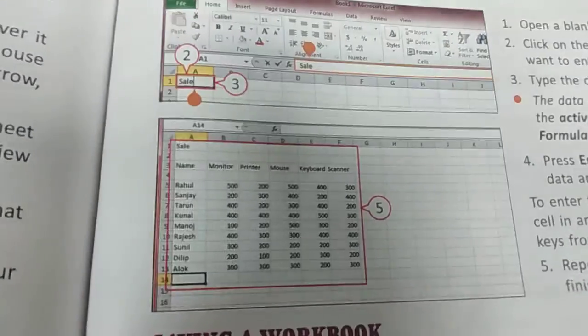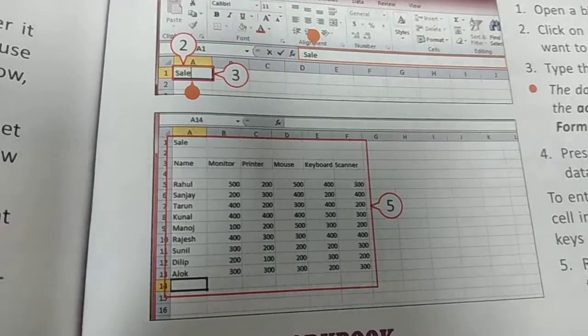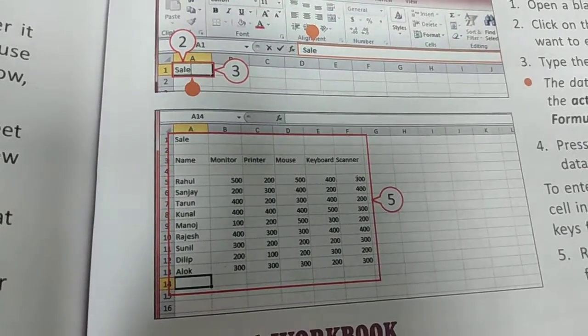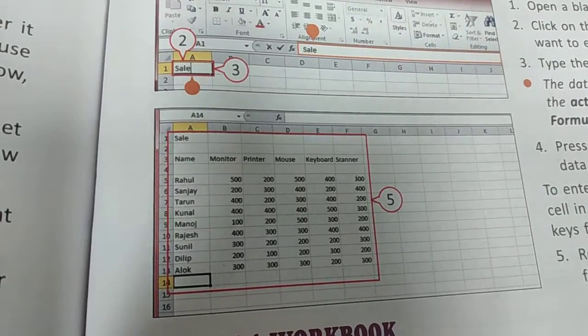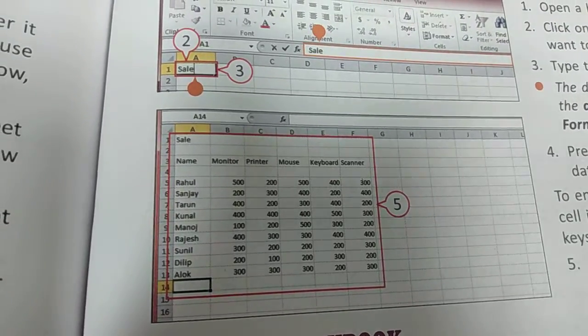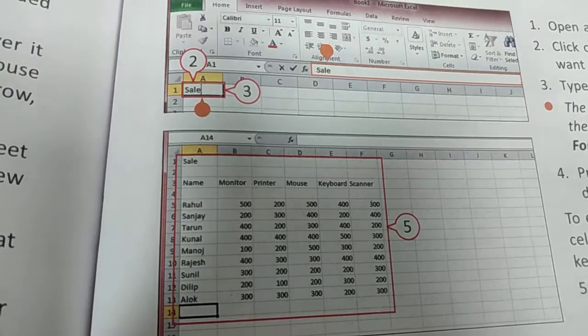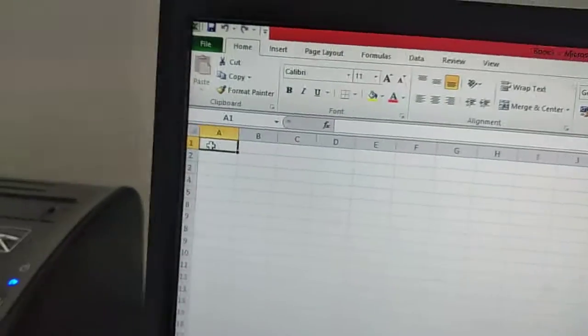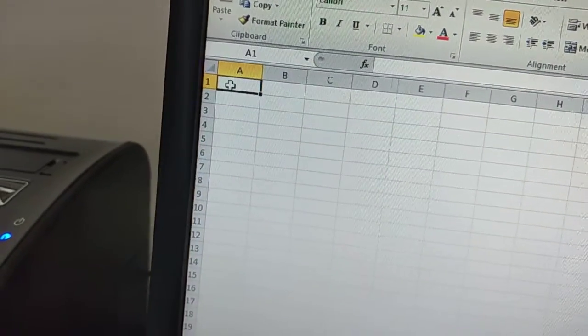Now I'm going to tell you how you have to write. You have to make this Excel sheet in Microsoft Excel. So what is the sheet? It's sale, name, monitor, printer, mouse, keyboard and scanner. In this way you have to write in the form of rows and columns. You start writing with the help of the keyboard.